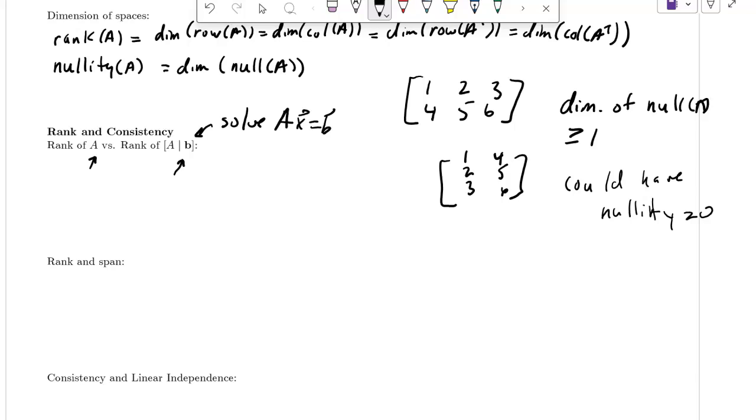Now let's think about it in terms of pivots. If this system is going to have a solution, if this system is going to be consistent, well, I'll get pivots this way when I reduce by A. If it's going to be consistent, do you want a pivot in that last column?